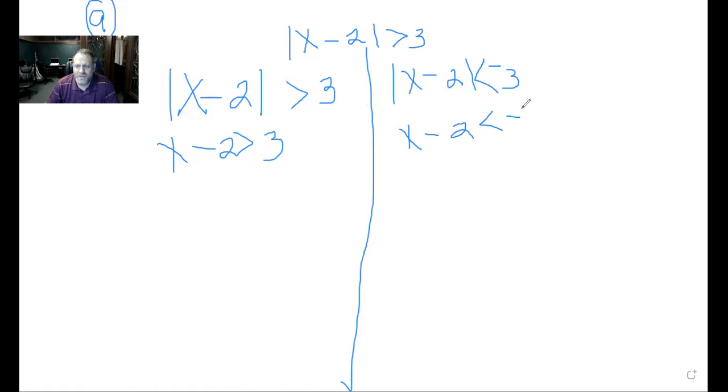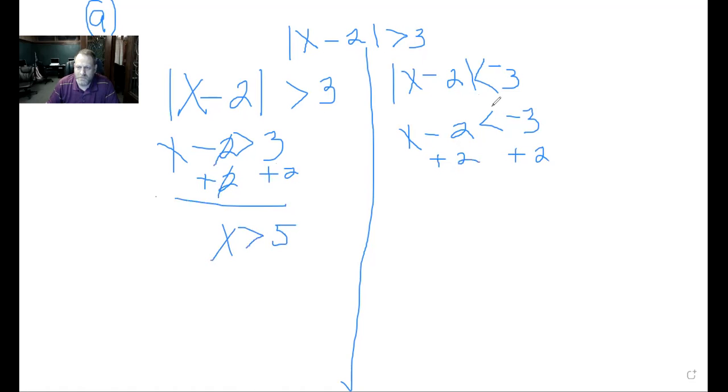Flip that sign there. Now we need to plus the 2 on both sides. Cancel, cancel. X is greater than 5.